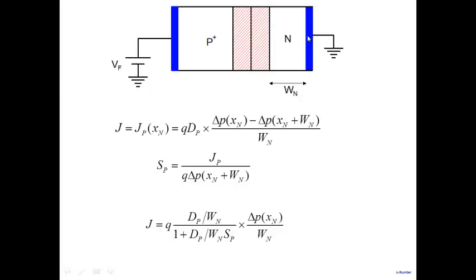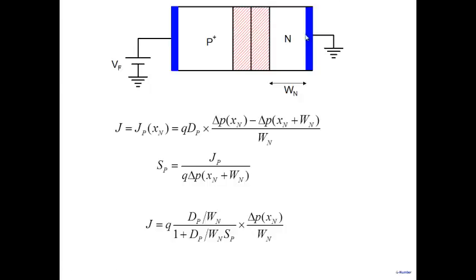If I give you a recombination velocity of 10 to the power 6 centimeter per second, can I consider the contact to be ideal? It's very easy. You compare 10 to the power 6 with Dp by Wn and see if it's much larger. Then for all practical purposes, as far as my calculation of diffusion current is concerned, the contact is ideal. The excess carrier density at this point will be negligible.